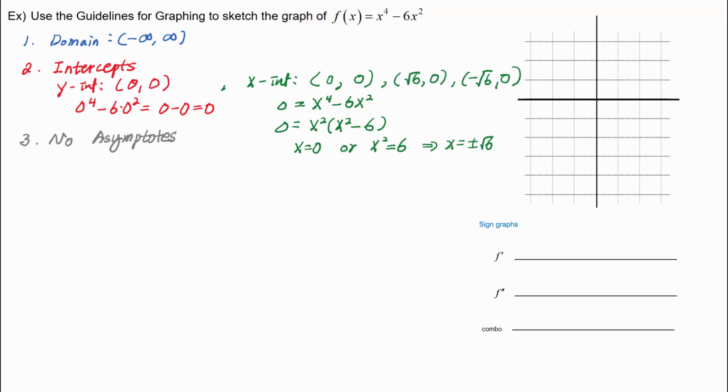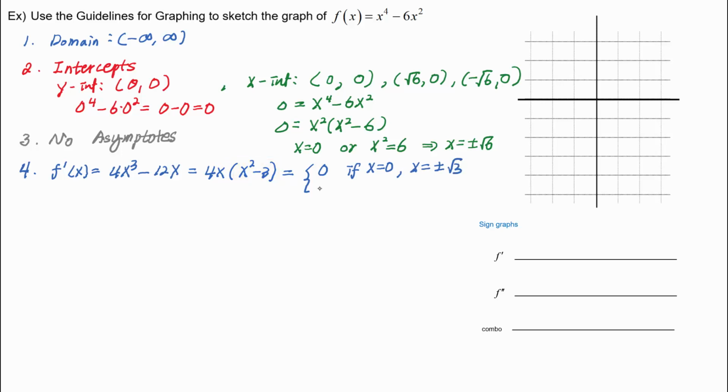Let's find extrema. My f prime of x equals 4x cubed minus 12x. And the common factor is 4x. When you factor it out, you get x squared minus 3. And this f prime is 0 if x equals 0, and also x equals plus or minus radical 3.